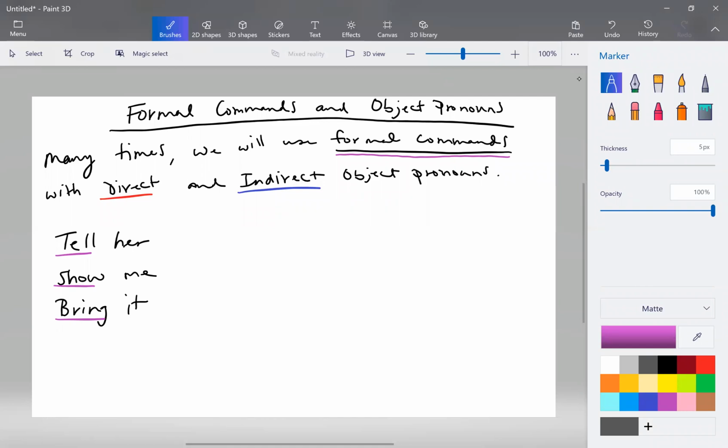And we can see our object pronouns, right? Most of the time it would be tell it to her. So she would be show it to me, bring it.